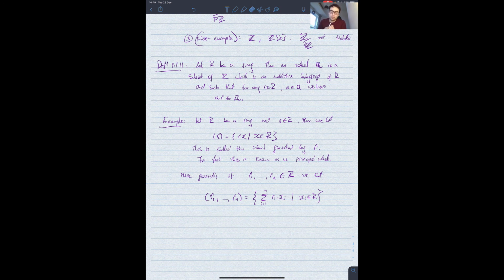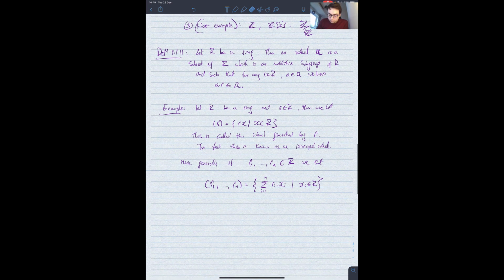We're going to somehow define a measure of how far a ring is from having all of its ideals being principal. This is going to be important, so you do want to get your head around these sorts of ideals, because we're going to be seeing them a lot.